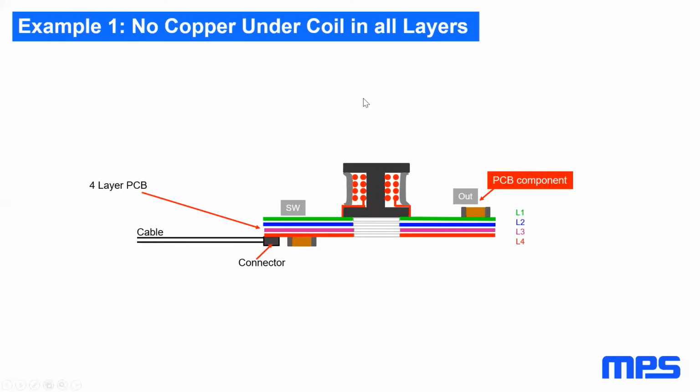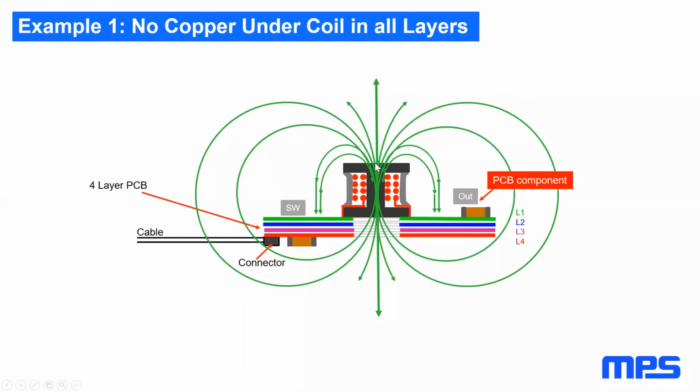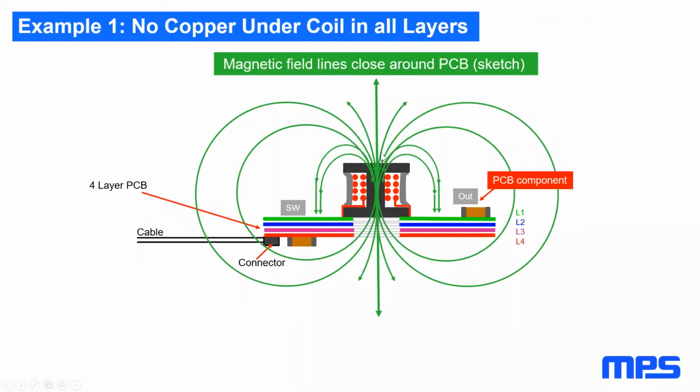Let's have a look. We have a simplified sketch here of a PCB with 4 layers. You see a semi-shielded bobbin type inductor with start of winding connected to the switch. And we have no copper under the inductor in all 4 layers. The simplified magnetic field lines show that we have a lot of magnetic field lines closing around the whole PCB, which means we have coupling into all components, cables and connectors.